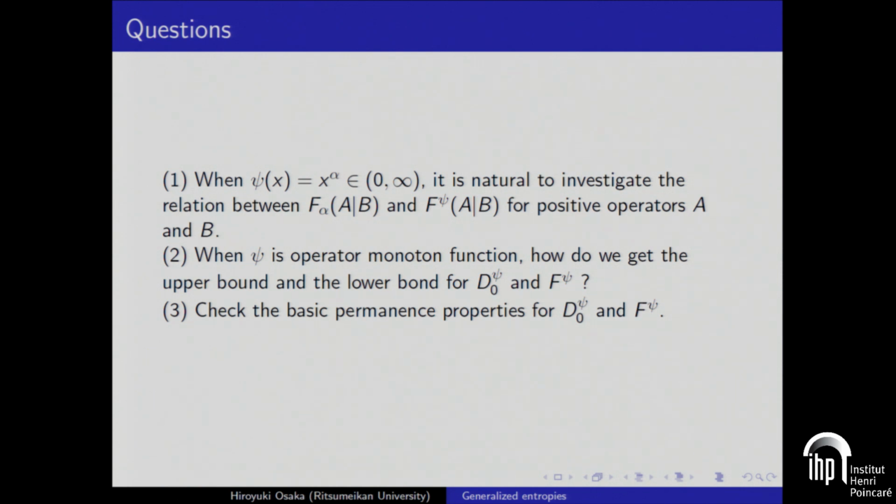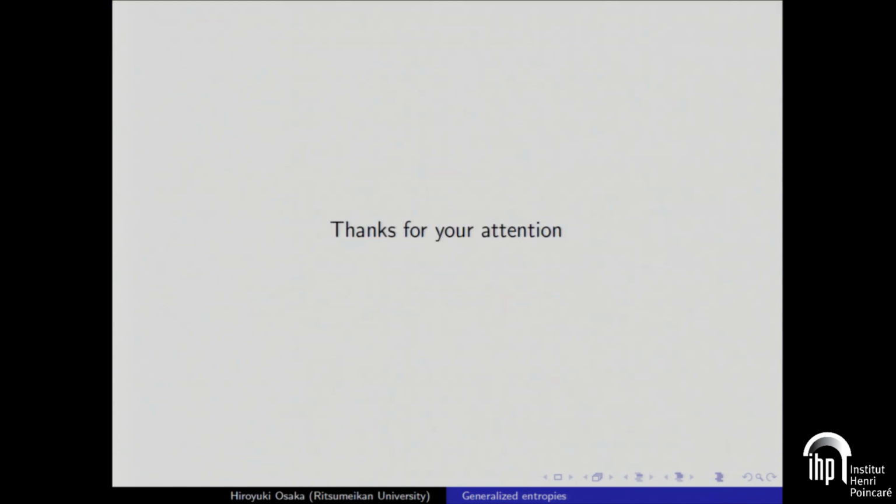In any case, I would like to know. The second one is, if psi is an operator monotone function, in this case its form is Tsallis. Then how about the lower bound and upper bound? I don't know whether this has meaning or not, but anyway, this is my interest. The last one is to check the basic permanence properties of this f sub psi. Okay, this is what I am trying to study now. Thanks for your attention.